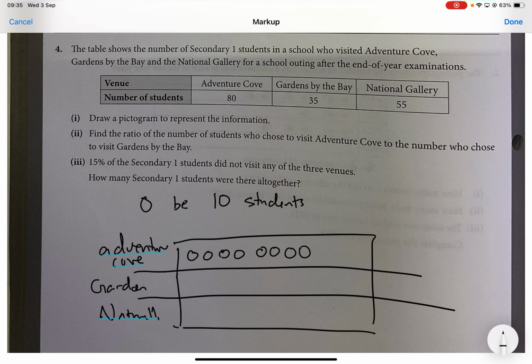Garden by the Bay, 35. 1, 2, 3, then half. National Gallery, 55. 1, 2, 3, 4, 5, then half. So, even if we don't need to know the exact number, from the picture, we also know Adventure Cove got the most. So that is also one of the advantages of pictogram. I can straight away tell which one is more by the picture.